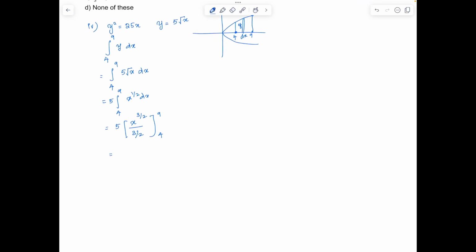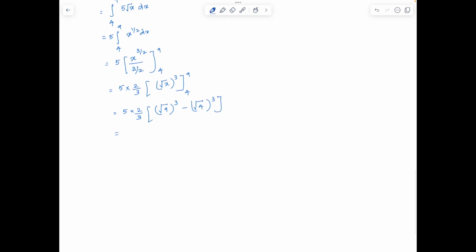Let's take the 3 by 2 outside. So it becomes 5 into 2 by 3, and rewriting this x power 3 by 2 as root x power 3. Limits 4 to 9. 5 times 2 by 3, root 9 power 3 minus root 4 power 3, which gives 5 into 2 by 3.